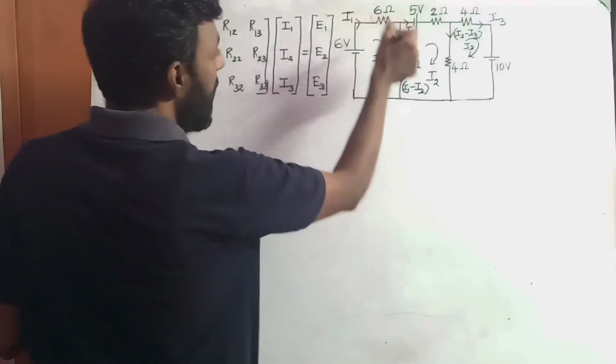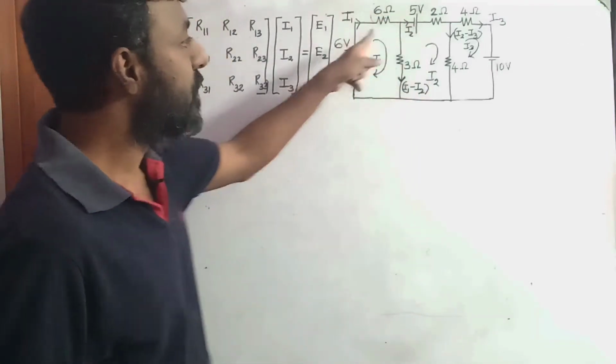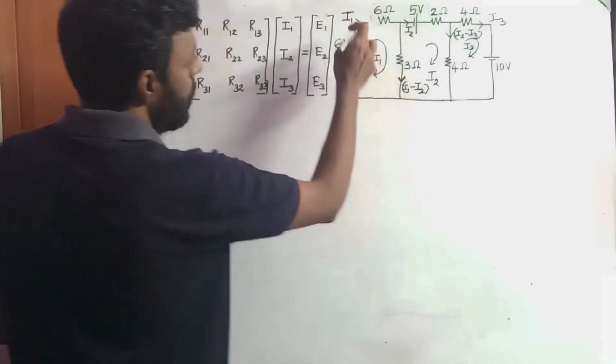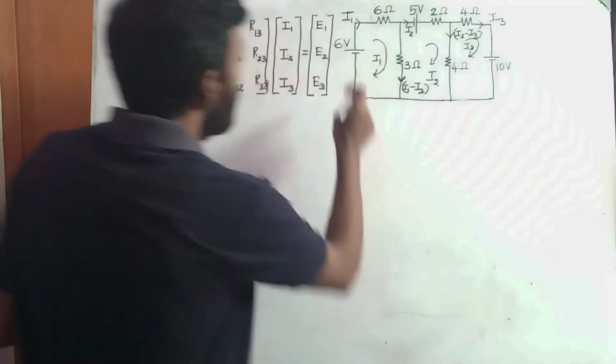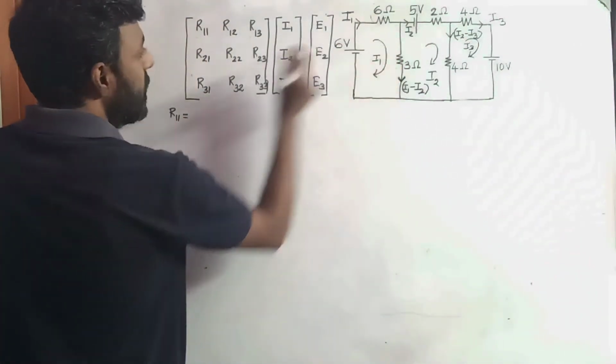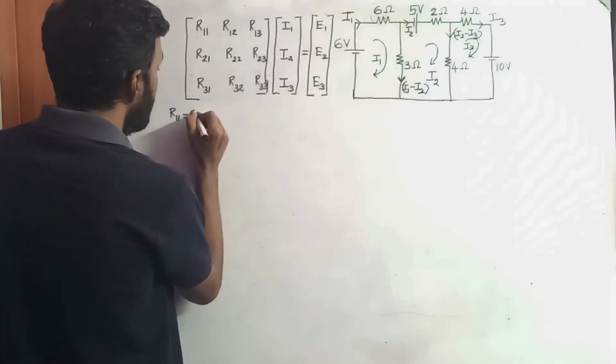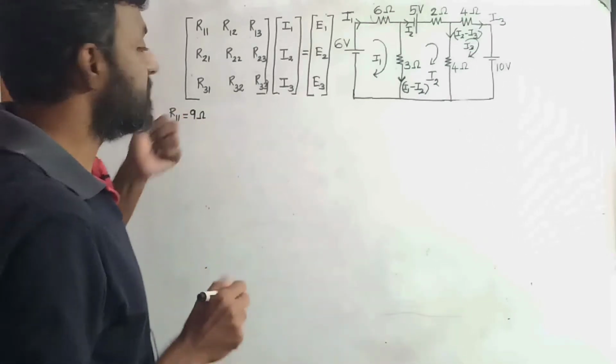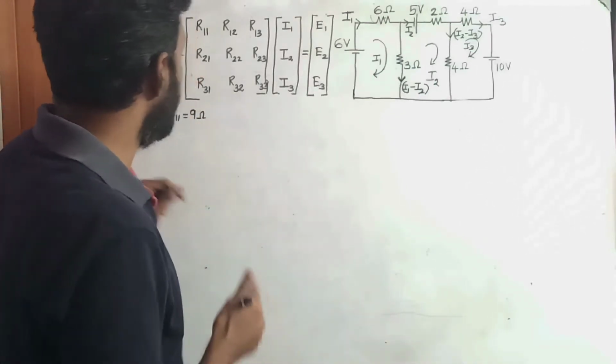So this 6 ohm and 3 ohm contribute to the first compartment. So R11 will be 6 plus 3, which is 9 ohms. Why ohms? Because the unit of resistance is ohms.